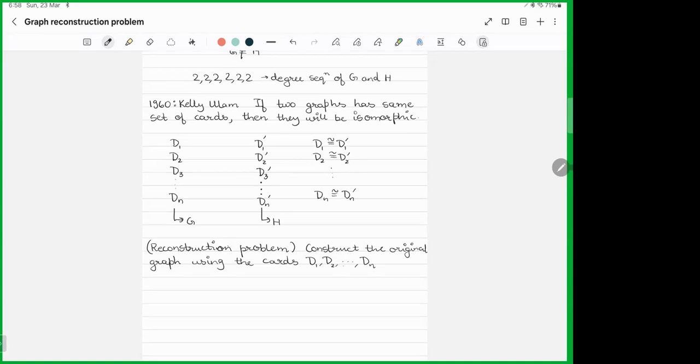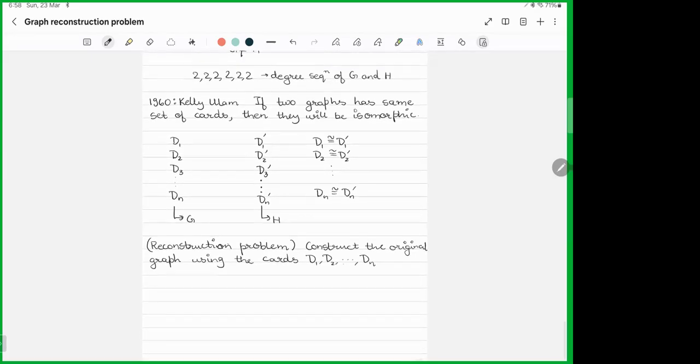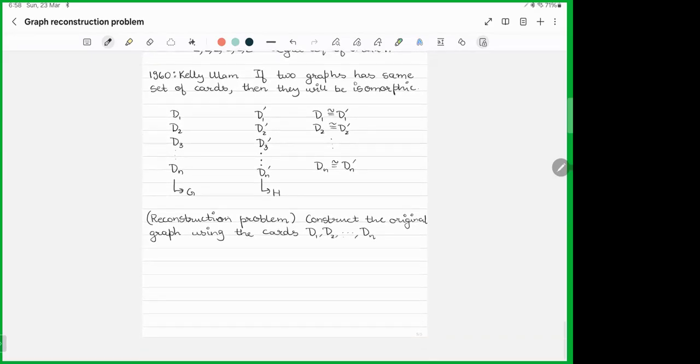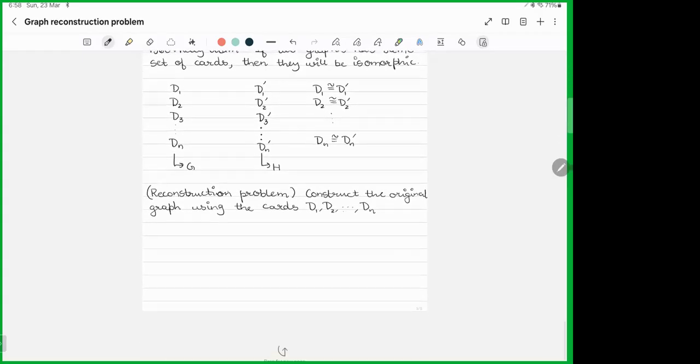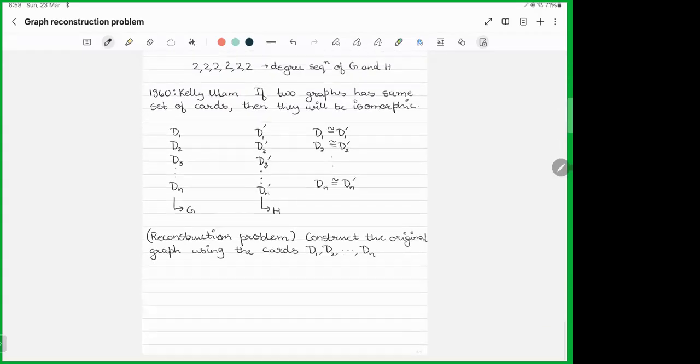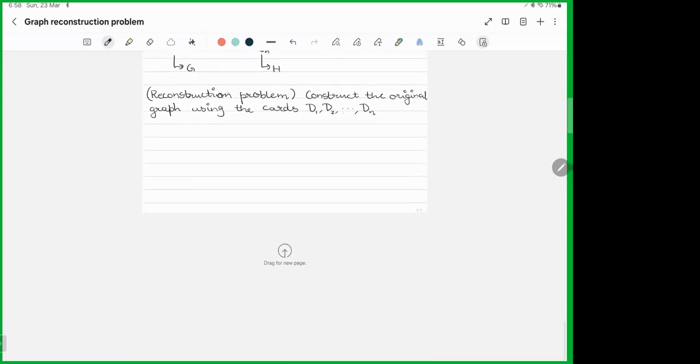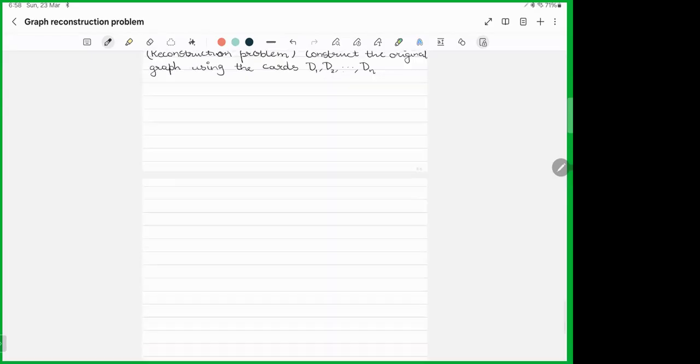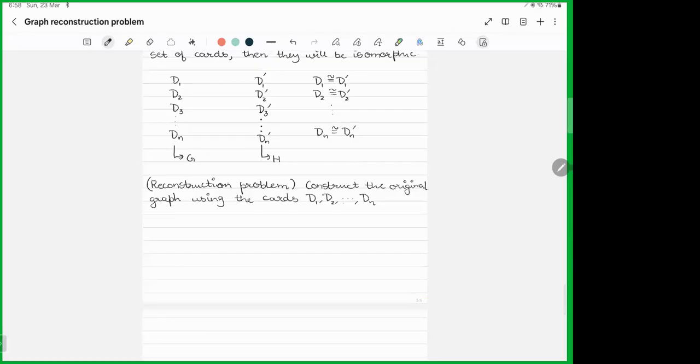So what Kelly and Ulam suggested is that if two graphs have the same set of cards, then they will be isomorphic. The problem is that we still don't know if this statement is true or not. We can find some properties of the original graph using the cards, but can we construct the original graph using the cards? We still don't know. This is an open problem till now.